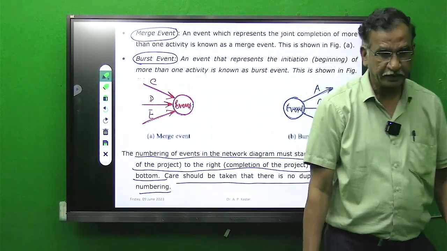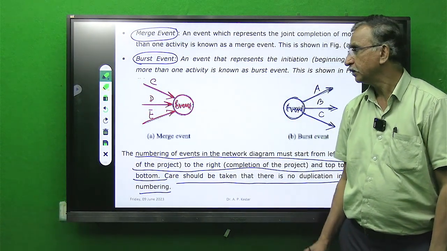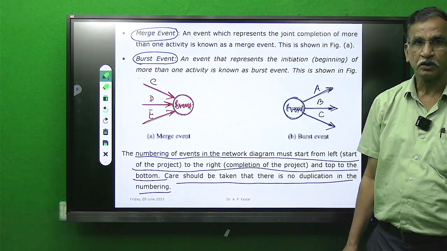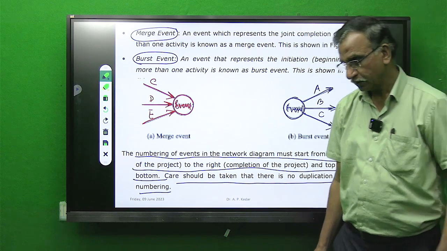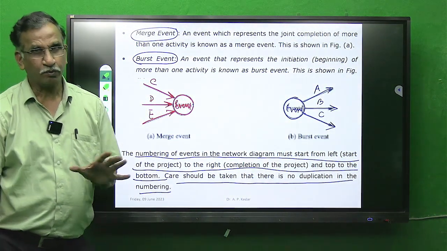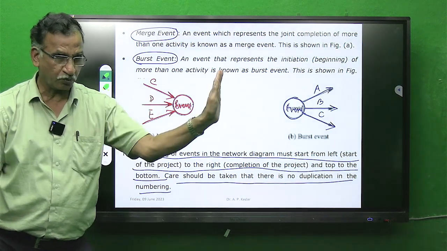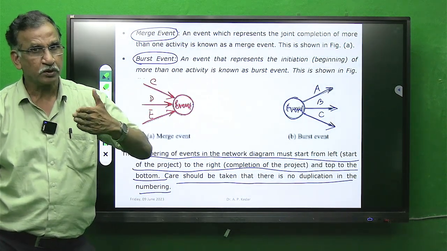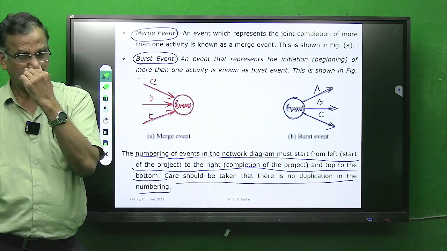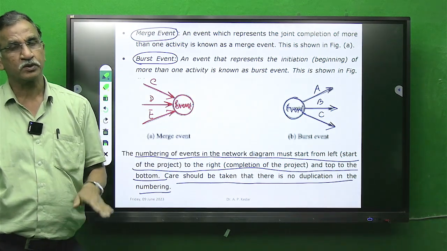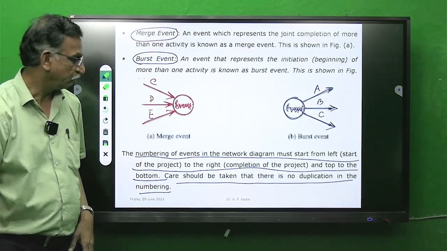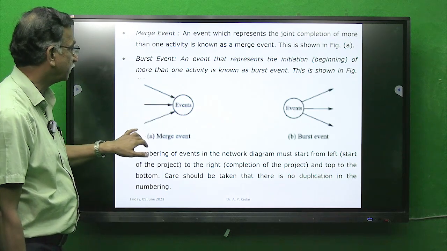As said earlier, this rule was framed by the scientist Fulkerson, and what he said is, while numbering the events, adopt the policy of numbering from left to right, because time flows in the forward direction from left to right and top to bottom, and do not duplicate the number. Means suppose you are writing 1, do not repeat 1 for another event. How, we'll see with an example.